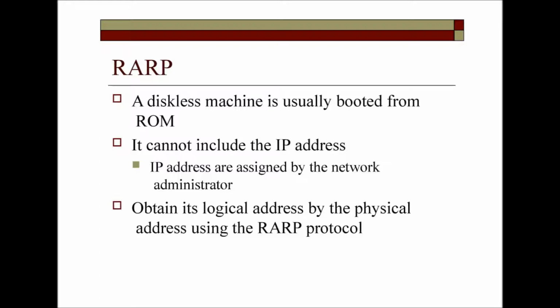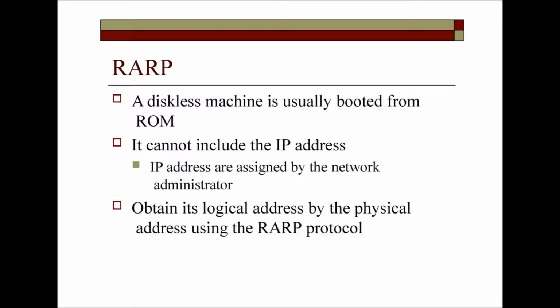And IP addresses are assigned with the help of the network administrator. This is also called static assignment of IP addresses. If we have the physical address, then we can find the logical address or IP address. So our important discussion is about RARP, which is used to find the logical address while we have the physical address.